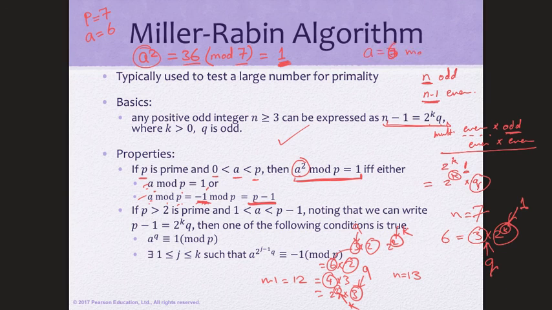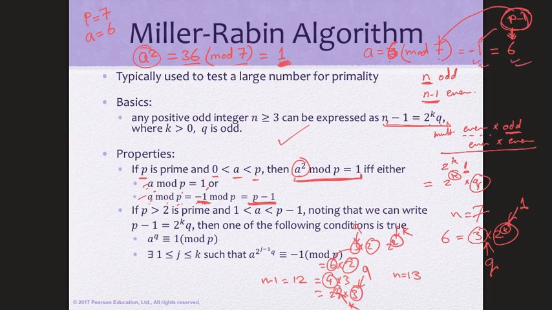Now let's check a, which is 6, mod p, which is 7. What's the result? a is 1 less than 7, so we can say that this is minus 1. Or we can say that if you divide 6 by 7, the result is 0 and the remainder is 6, which is p minus 1, right? That's p equal to 7, so p minus 1 is 6. And this is the same as this, by the way.